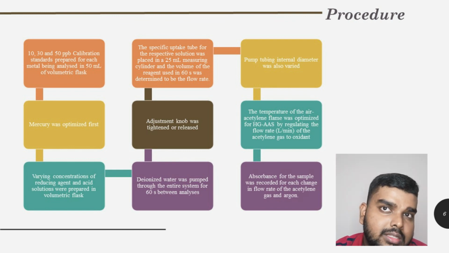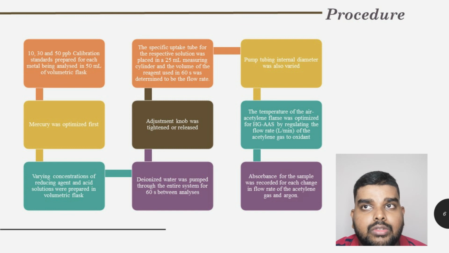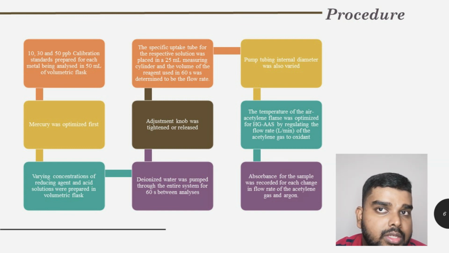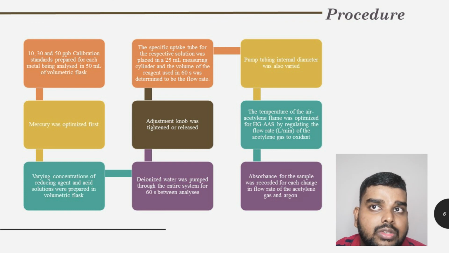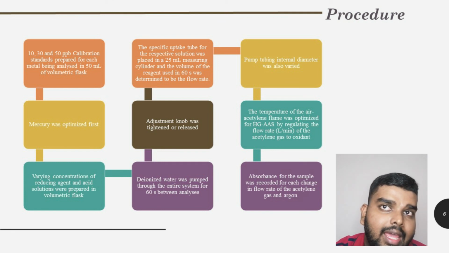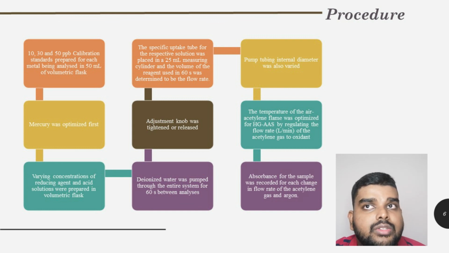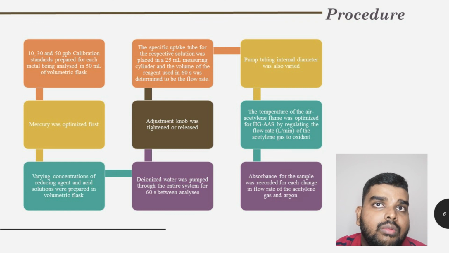The pump tubing internal diameter was varied to control the effect on the flow rate. The internal diameters of the tubing used for the reducing agent and acid were 0.63 millimeter, 0.69 millimeter, and 0.76 millimeter.